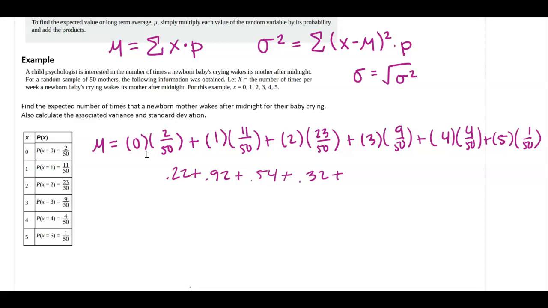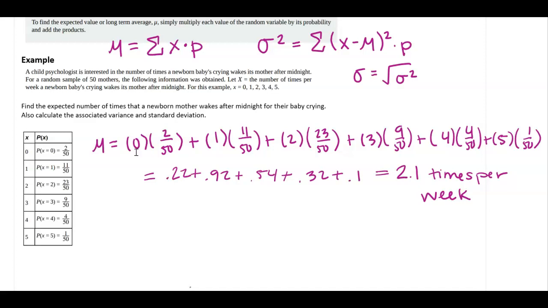And then 5 over 50 is 0.1. So again, I'm trying to figure out the average number of times per week. Okay, 2.1 times per week.